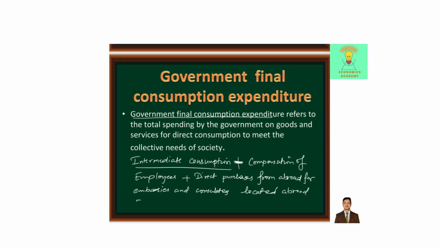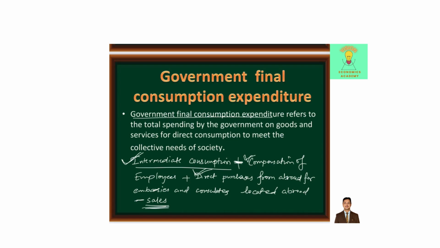Minus, what we exclude is sales of goods and services by the government. So that is the revenue. So that is not included, that is in fact subtracted. So government final consumption expenditure includes intermediate consumption of the government, compensation of employees, direct purchases from abroad for embassies and consulates located abroad, and minus the sales.